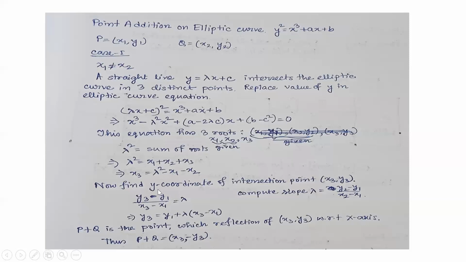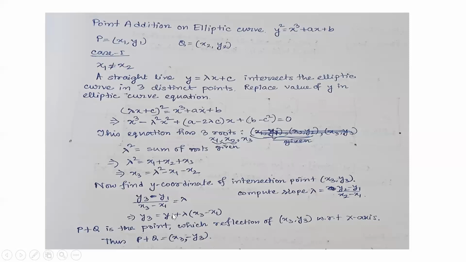Now, to find y3, we just use the simple slope calculation of the straight line. You have a known point x1, y1, and you know the value of the slope lambda. How do you know the slope lambda? You have two known points, x1, y1 and x2, y2, and you compute y2 minus y1 by x2 minus x1, the general formula for the slope of a straight line. So you know lambda, x1 and y1, and x3 is also known.